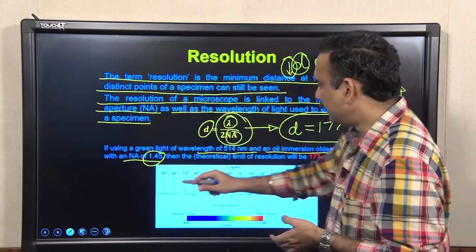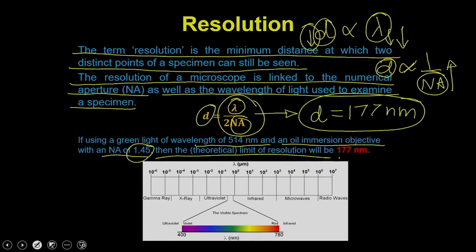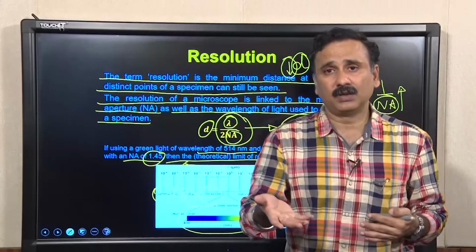If you see the electromagnetic spectrum, the visible light is what you are using in the light microscope, and if you go from visible light towards the ultraviolet as well as X-rays and gamma rays, you are decreasing lambda, and as you decrease lambda you eventually increase the resolution.